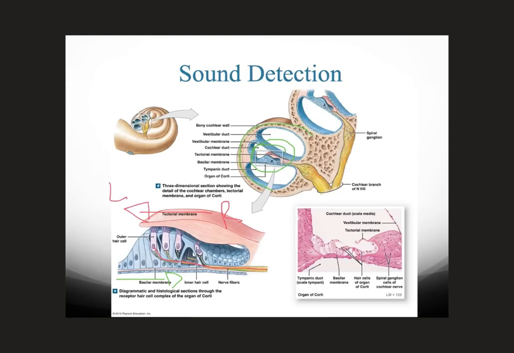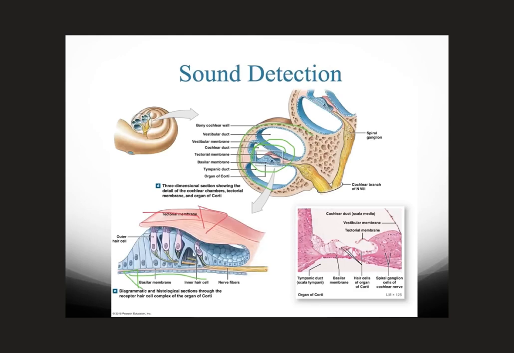Now, if the basilar membrane is moving in the opposite direction, this means that the tectorial membrane is going to be moving in this direction.